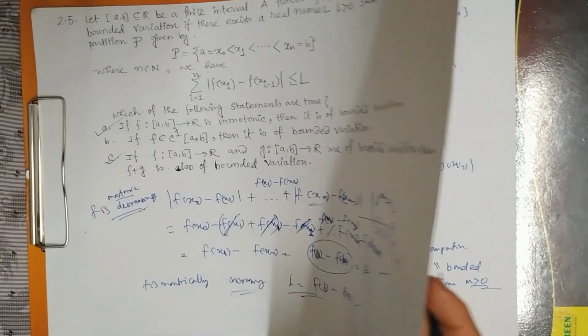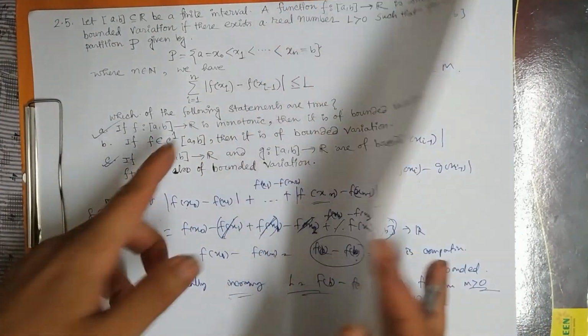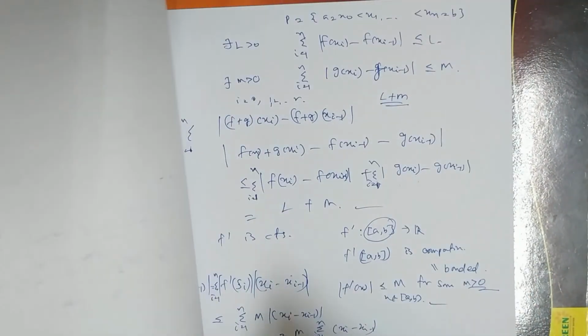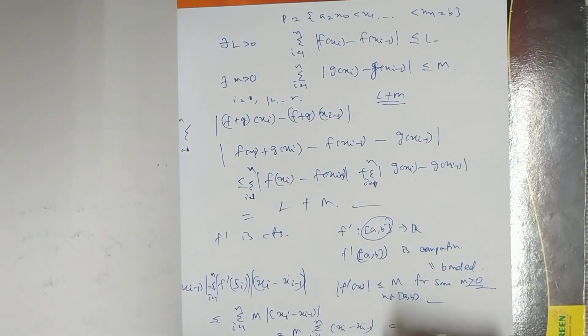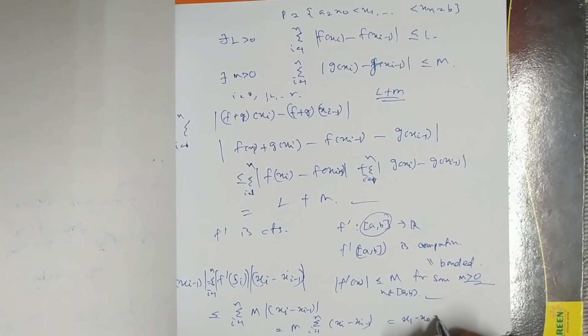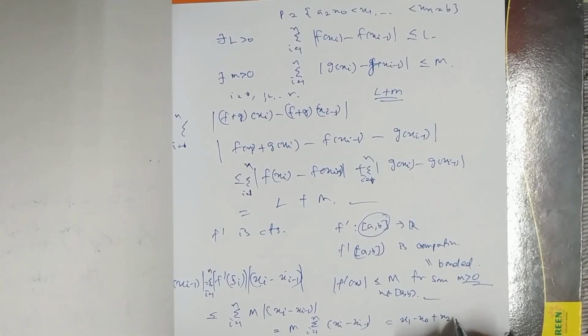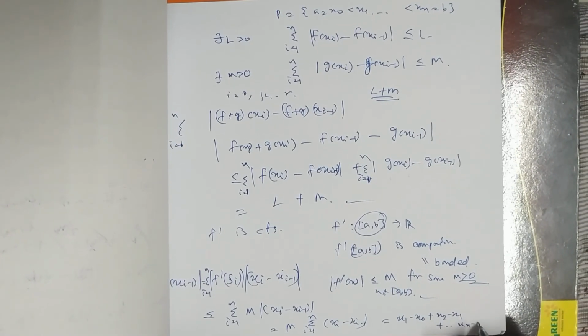But we are not done yet, because we have to show an upper bound, but this is simple. When you sum over it, you get x1 minus x0 plus x2 minus x1, and so on up to xn minus xn minus 1.